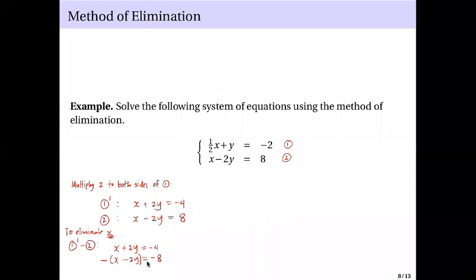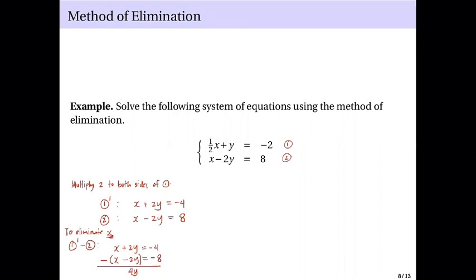And when you do that, we will get x minus x, that will disappear. And then here you have 2y minus negative 2y. What we will get is positive 4y.